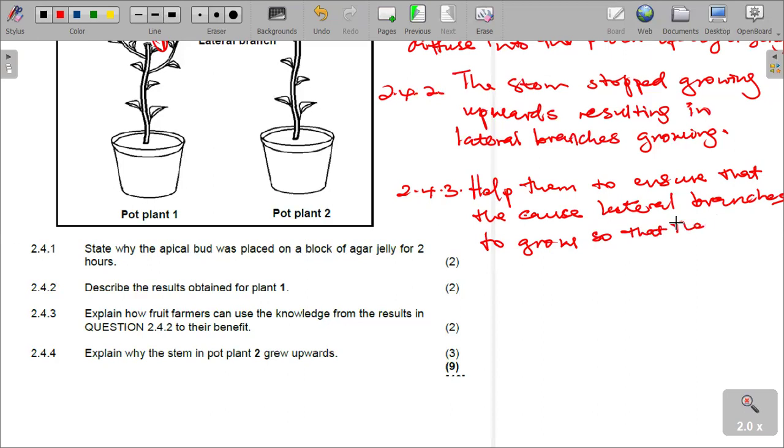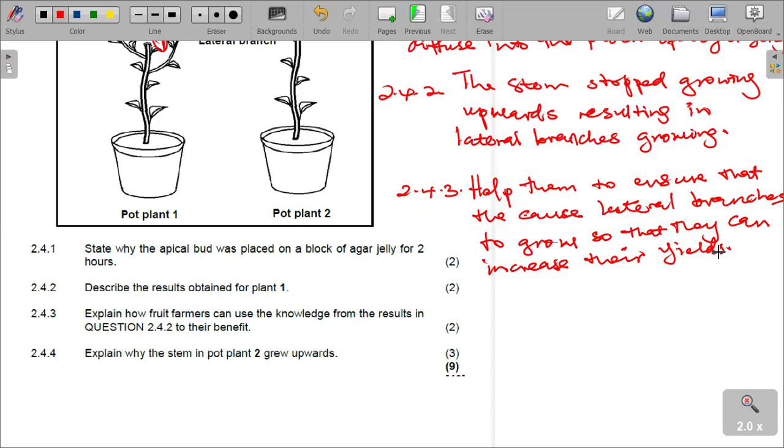They can increase their yields by allowing the lateral branches to form.